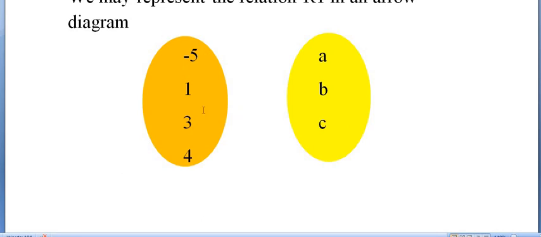So we know this arrow diagram. We have to write capital X, the set minus 5, 1, 3, 4, and capital Y. So this one we are going to see, the R1 function. So we can write it here, R1.